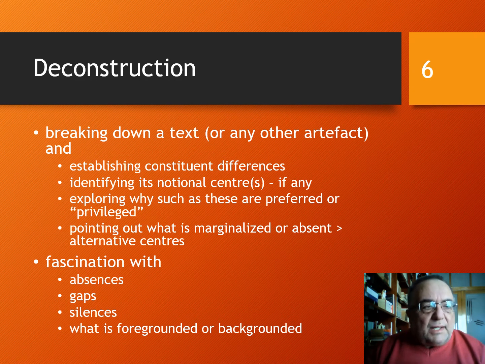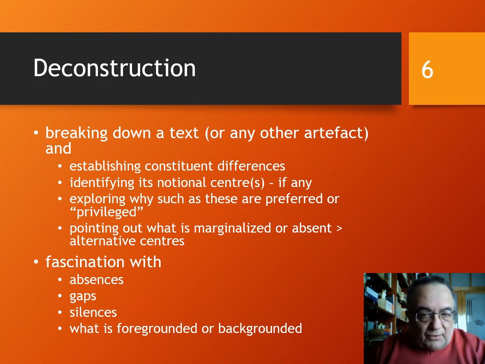Closely associated with poststructuralism is deconstruction, because practically in order for us to get to the meaning of a structure, a text for instance, a social structure, or anything associated with that, we have to use this kind of deconstruction, which is, as you can see on my slide, breaking down a text or anything which may be associated with that.